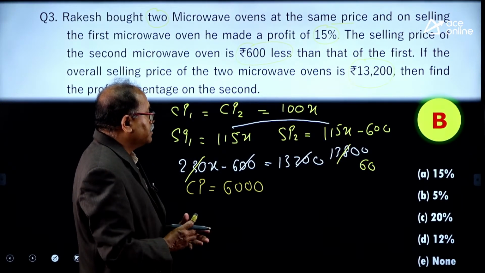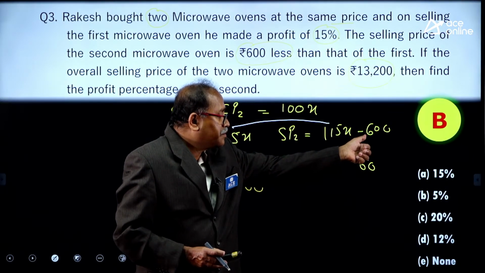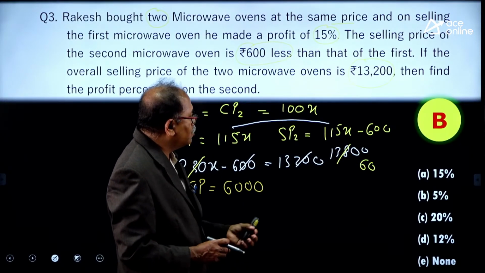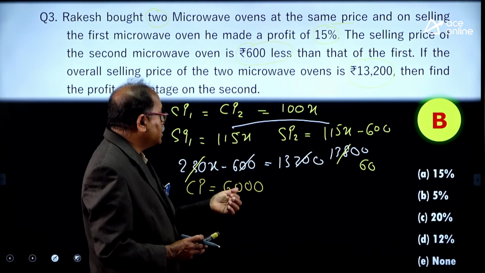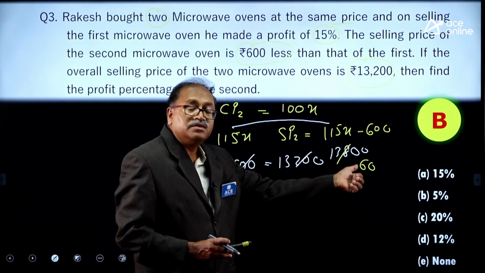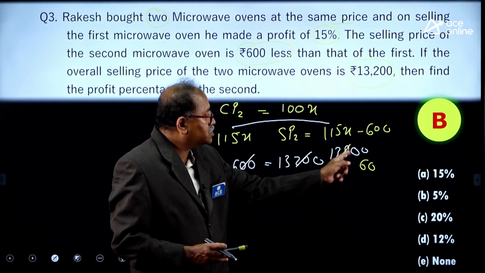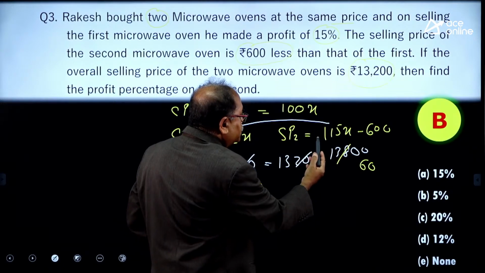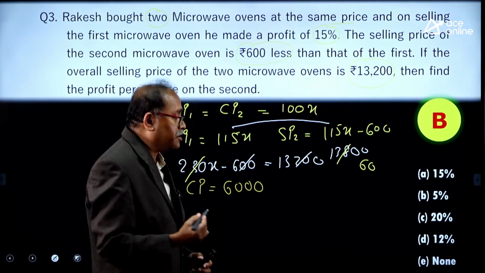What is my SP? The SP is 15x minus 600. Am I right? So, what is 15x over here? That is 6000 plus another 15 into 600, that 15 6 is 90, so 900. So, that is 6900 minus 600, 6300.